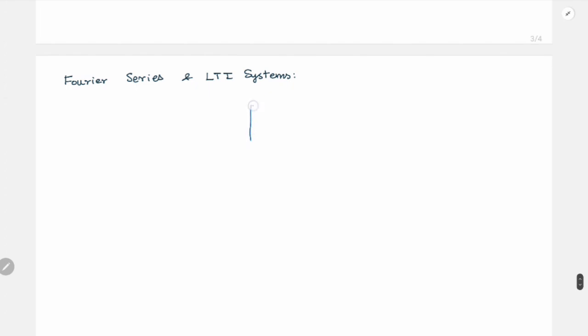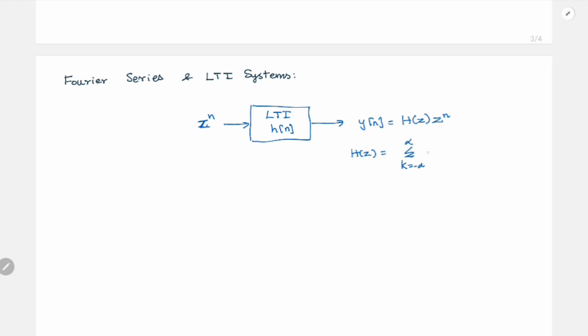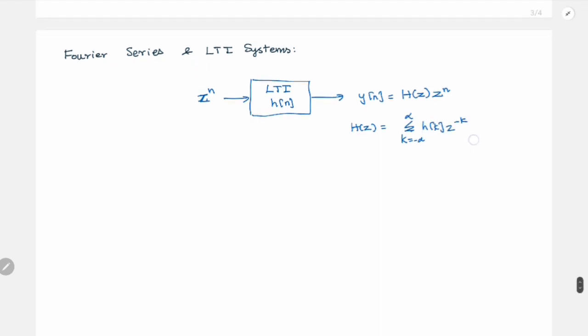So we already saw that when you pass a complex exponential through an LTI system with impulse response h of n, then you get an output given by some H of z times z power n, where your H of z is given by summation k equal to minus infinity to infinity h of k z power minus k, right?